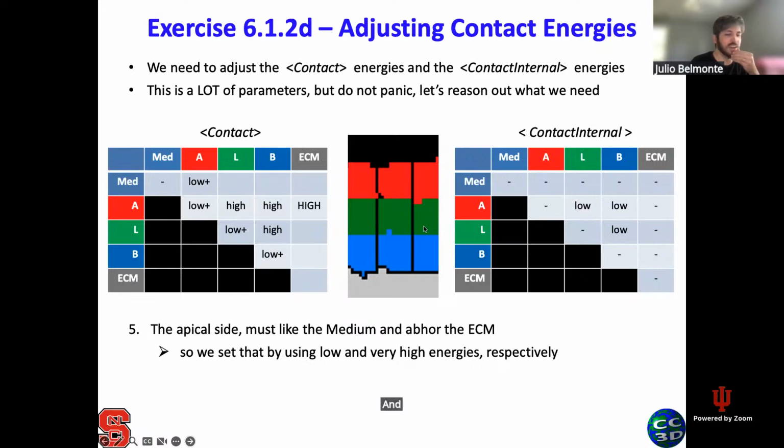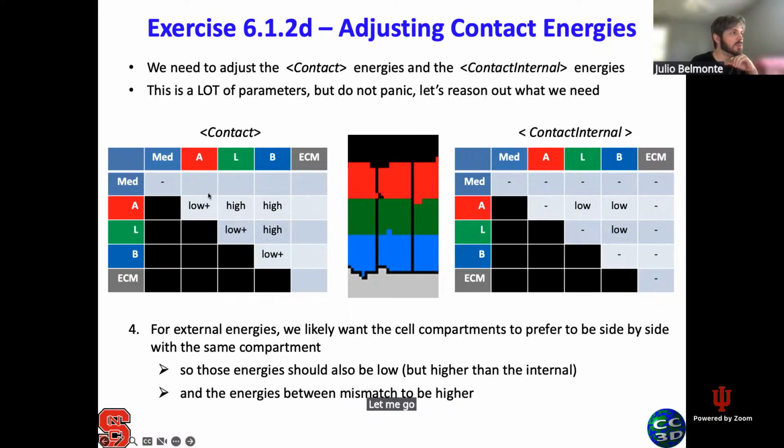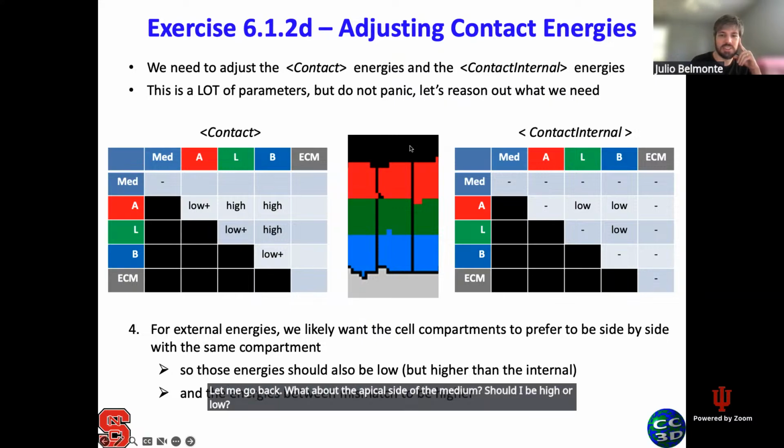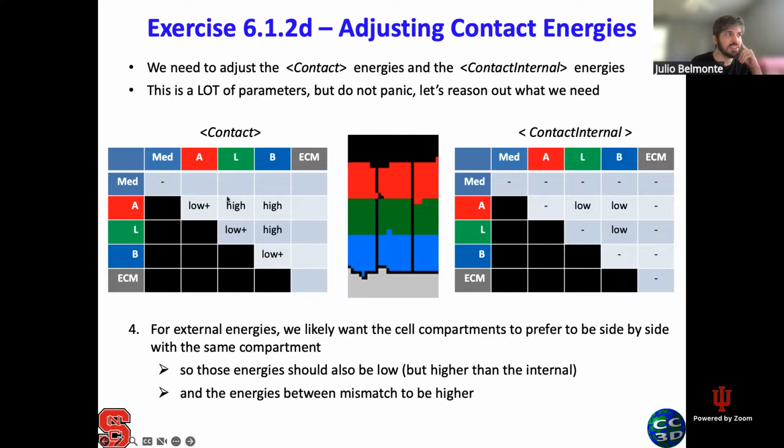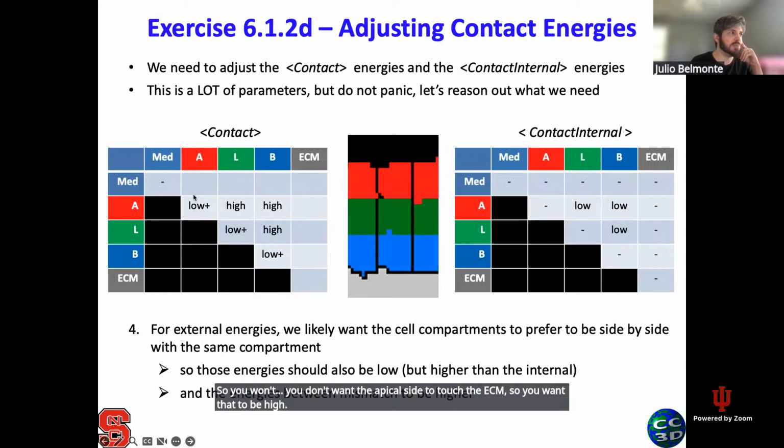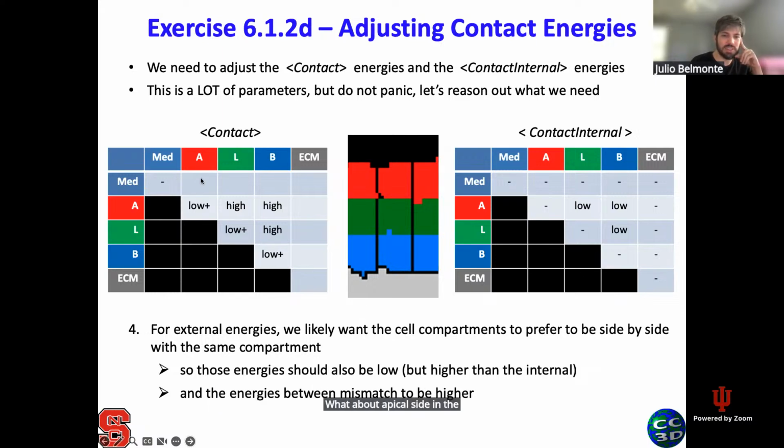And what about, oh, sorry, I kind of skipped a part here. Let me go back. What about the apical side and the medium? Should that be high or low? You want your apical side to touch the medium, right?